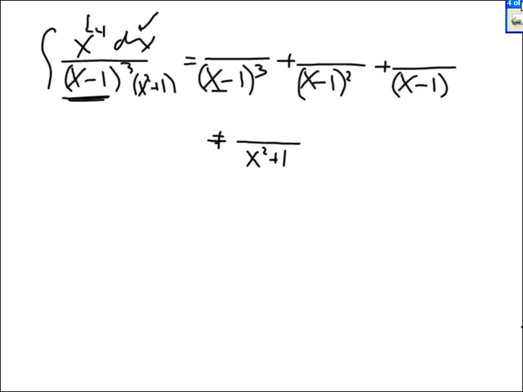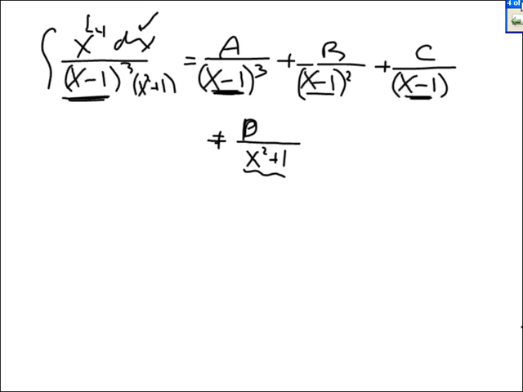Now, what's inside the parenthesis is to the first degree, so we put a constant on top. What's inside is first degree, put a constant above it. Don't call it the same letter, please. You have a constant, first degree, call it C. Here, x squared plus 1, that's a quadratic.